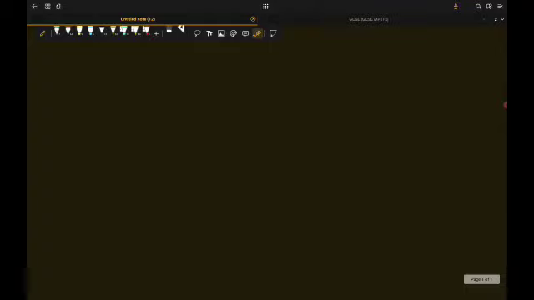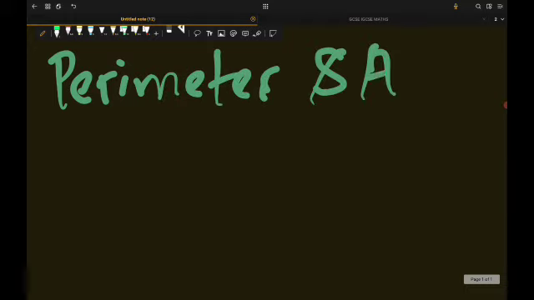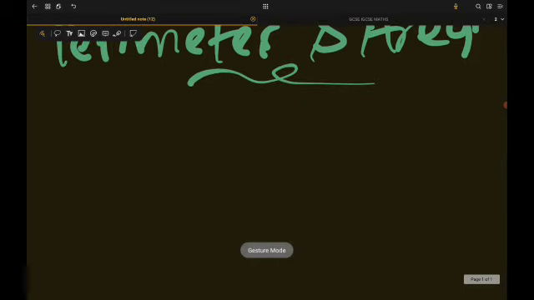I started with perimeter. Okay, so the topic we are doing is perimeter and area. We talked about 3 shapes.